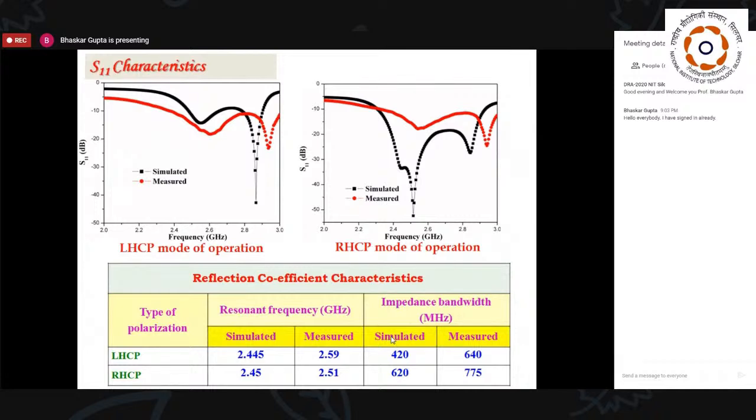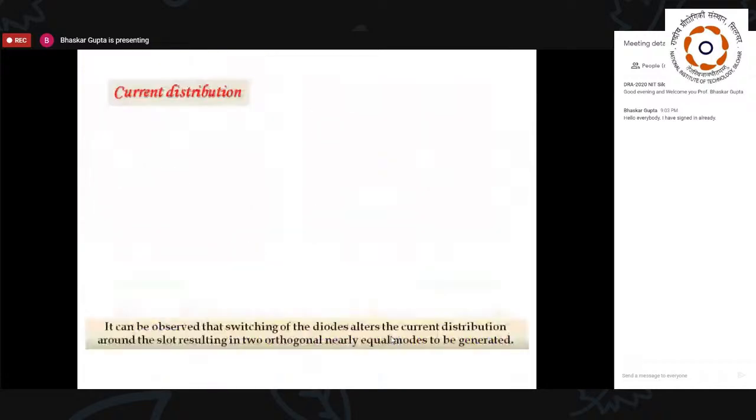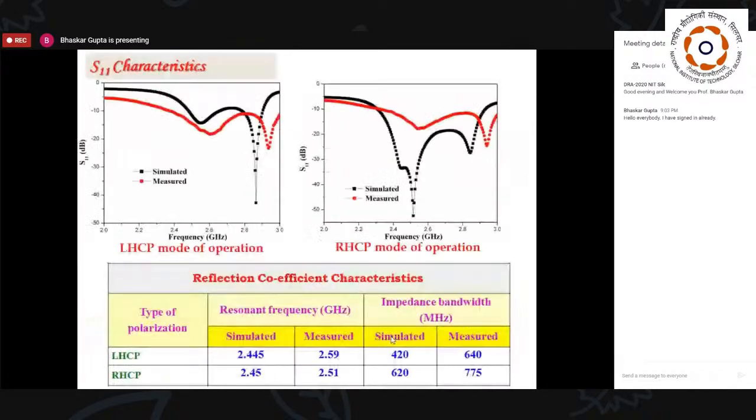For both the cases, that is LHCP and RHCP, you see these are the values of the simulated and measured resonant frequencies as well as impedance bandwidth in both resonant frequencies. In both cases, simulation and measurement are of course quite close to each other, but what interests me more is the impedance bandwidth in order to check its usability.